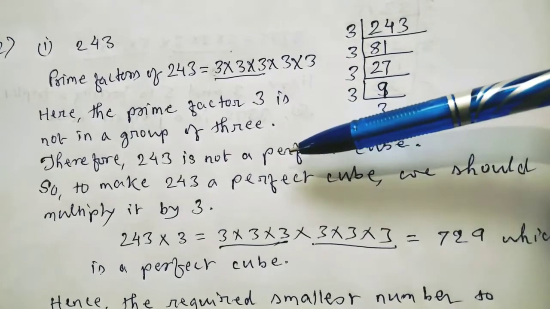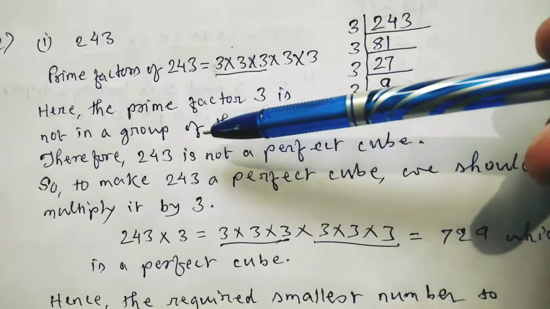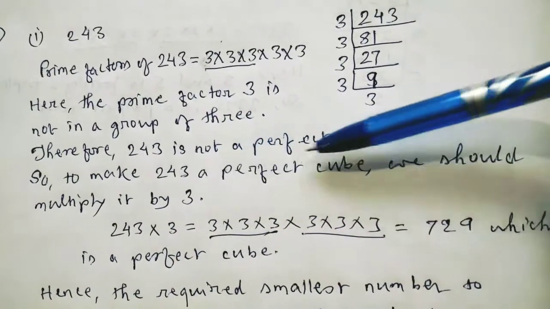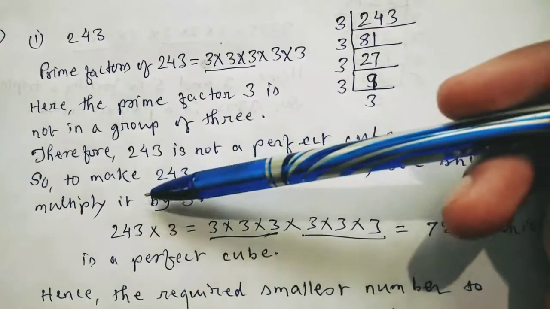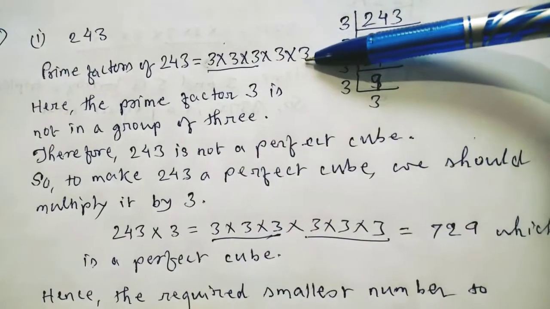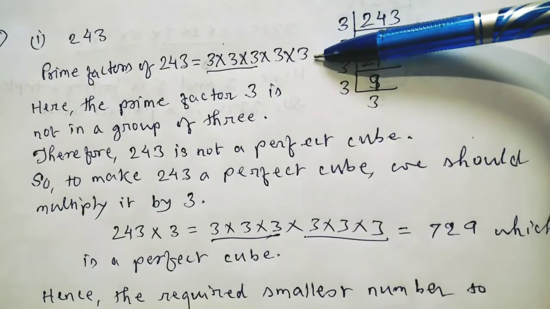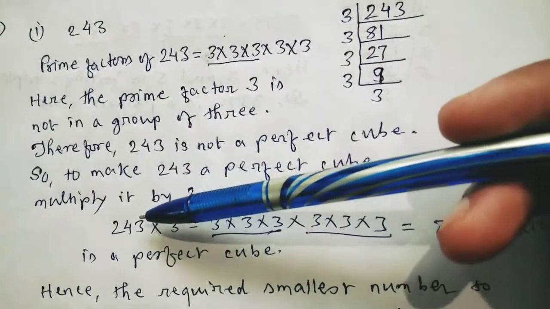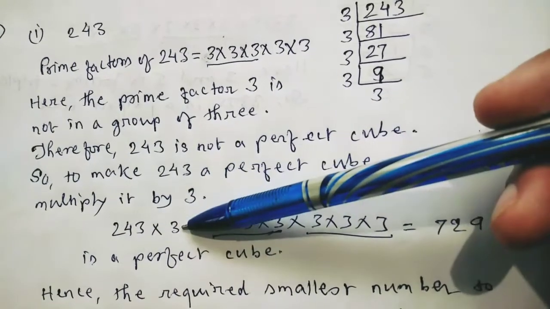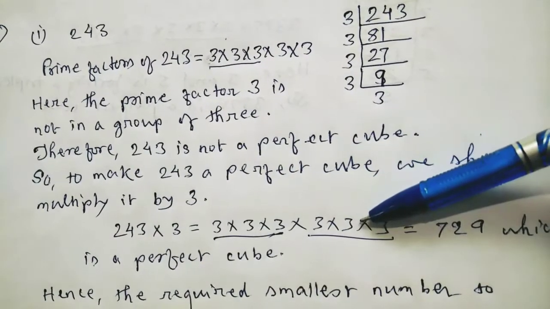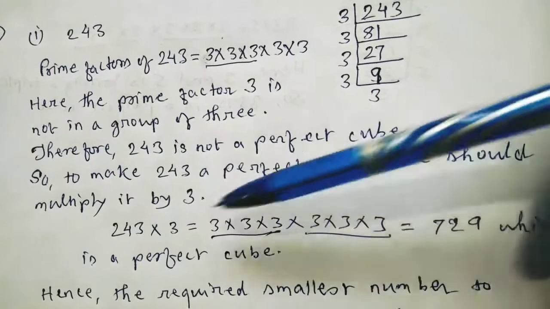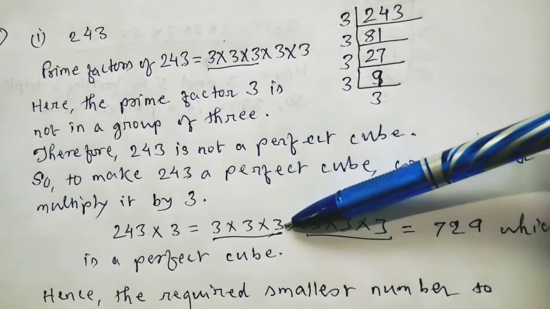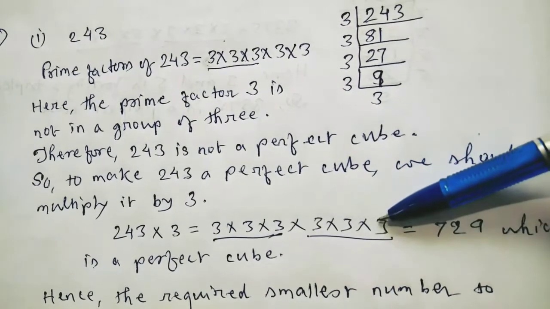These steps you know. Now from here you have to make a perfect cube. So how to make it a perfect cube? To make 243 a perfect cube, we should multiply it by 3. See here, if you multiply with one more 3, then it will be a perfect cube, right? So you have to write here 243 into 3, and on this side also you have to multiply, because you have to multiply both sides. This is the rule.